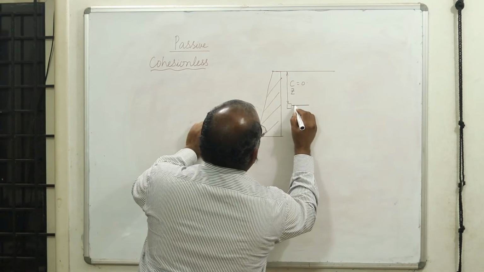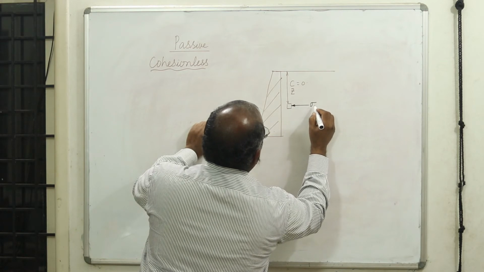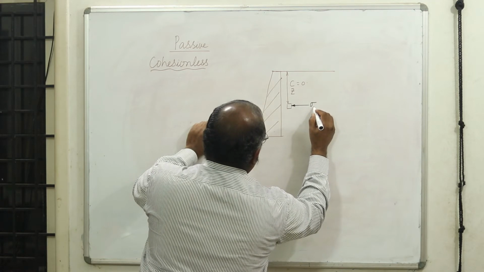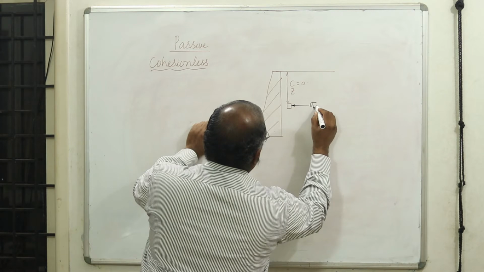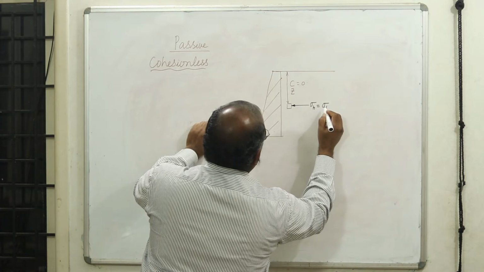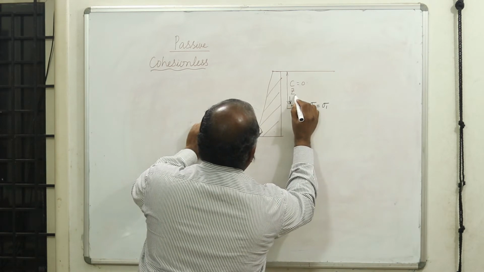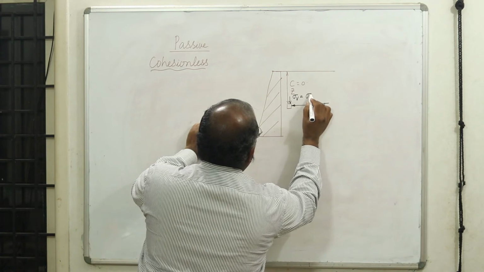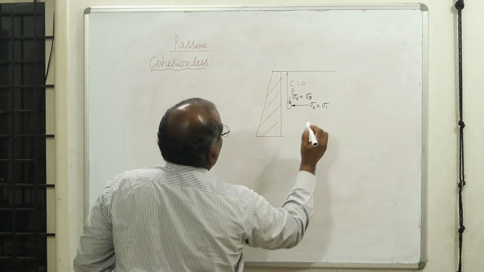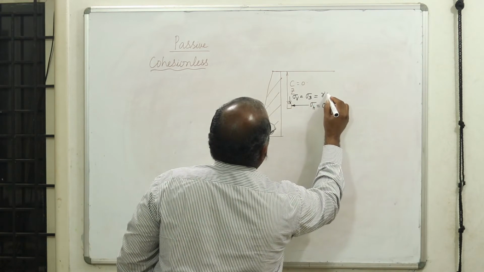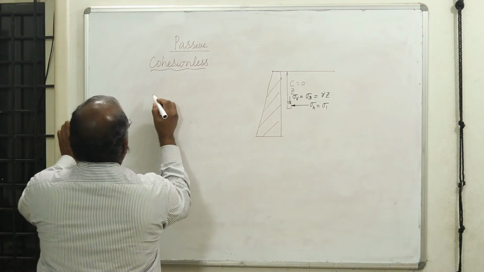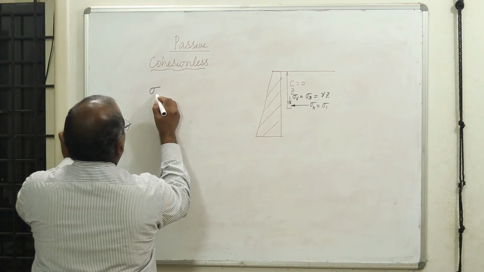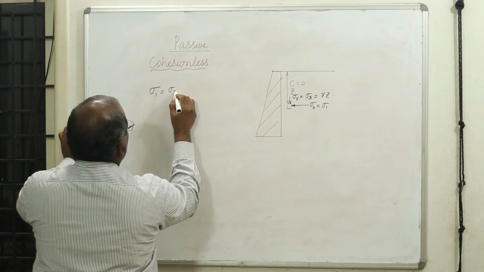Well, it depends upon this lateral pressure, sigma h, which becomes your major principal stress, and your vertical stress, which is the minor principal stress, equal to gamma into Z. Now let us try to draw this pressure distribution diagram. First find out the relationship.